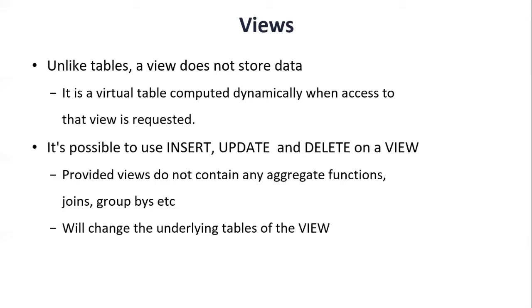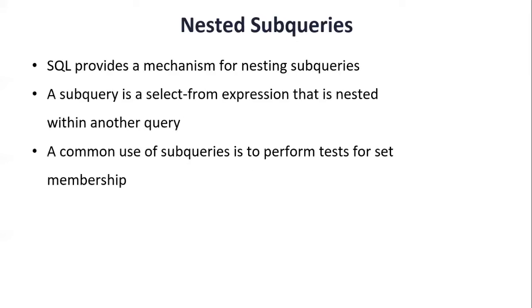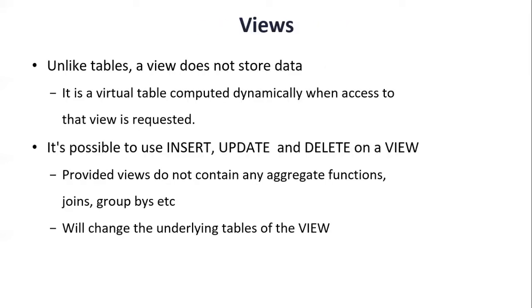If we do not use any aggregate functions, joins or group bys, there's a direct one-to-one mapping between the records in the original table and the records in the virtual table, or the view. So the SQL database is able to update any record in the view by updating the original table.